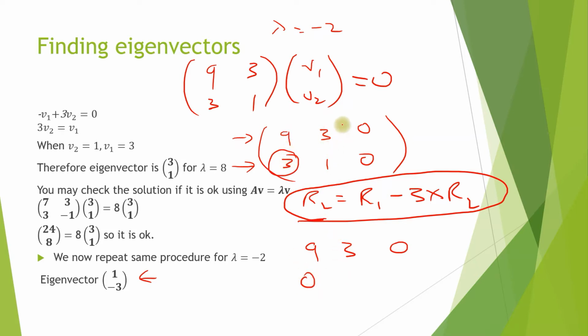So we apply the same principle everywhere, of course. We don't do it only for the first one. But bear in mind it is the first one that you look at to apply this formula, because it's the first one that you want to make become 0, obviously. And then you check this one. So it is 3, the first row, minus 3 times the second row, which is 1. So it is 3 minus 3 times 1, which is again 0 in this particular context, and this is equal to 0.